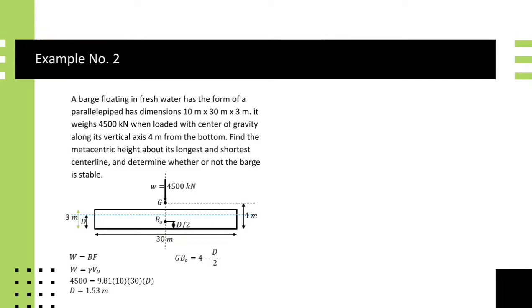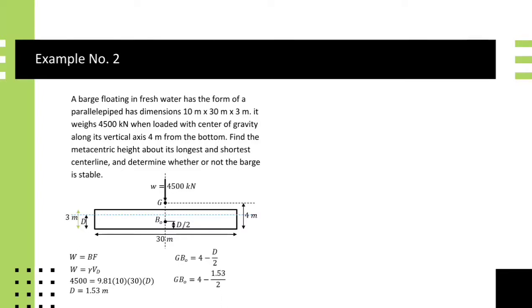And then, kunin mo na agad yung GBO dahil makakuha mo na yan. Dahil meron ka ng value ng D, masasolve mo na yung distance ng BO from the bottom, which is 1.53 over 2. And then, meron kang distance of G from the bottom, which is 4 meters. Ima-minus mo lang yan. 4 minus 1.53 over 2.